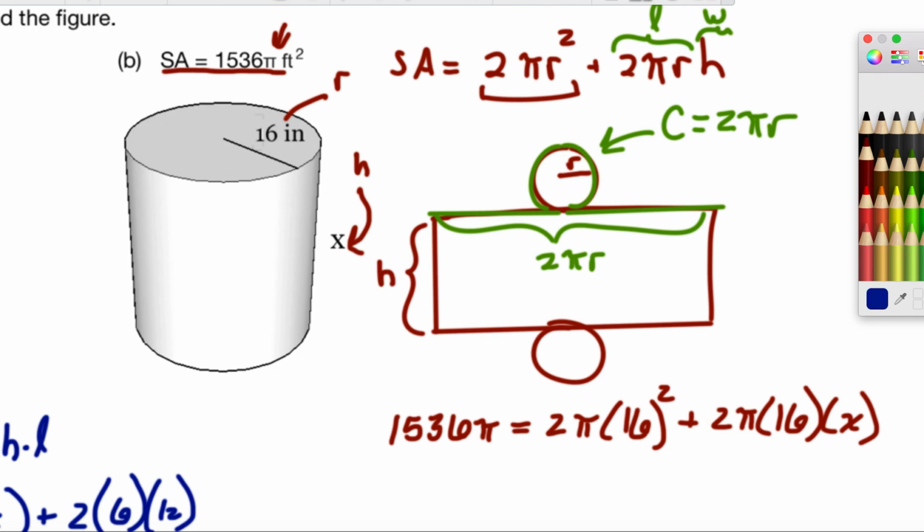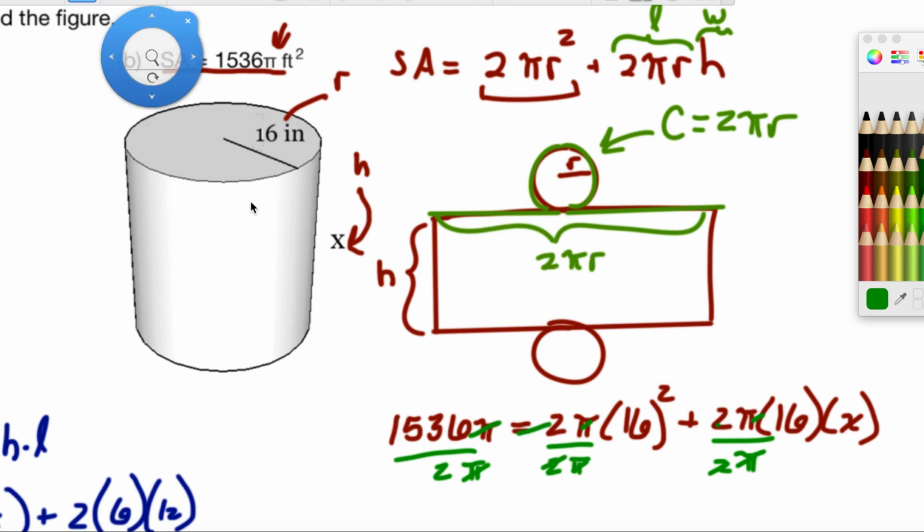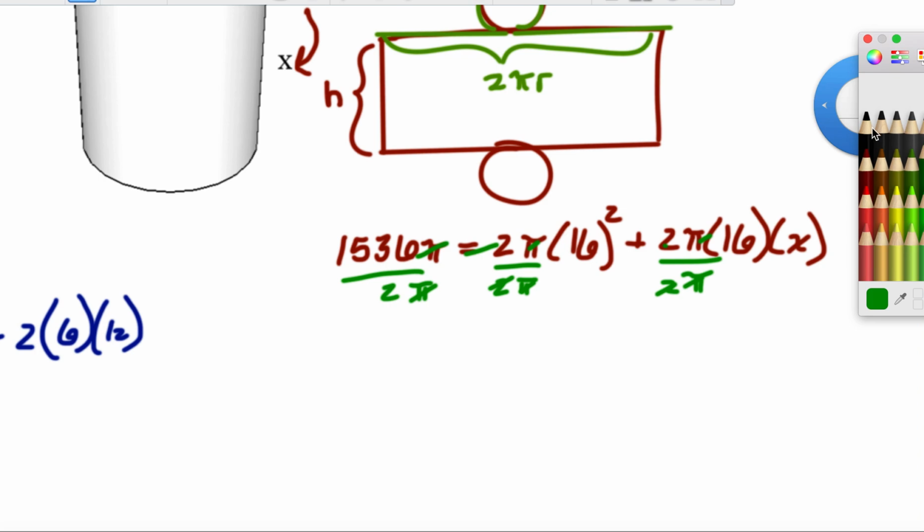Now, I see pi's in the equation here for each term. So we can divide by, actually, 1536 is also even. So why don't we just divide out 2 pi? Why not? So all of our pi's cancel, and all of our 2's cancel. 2 goes into 1,536.